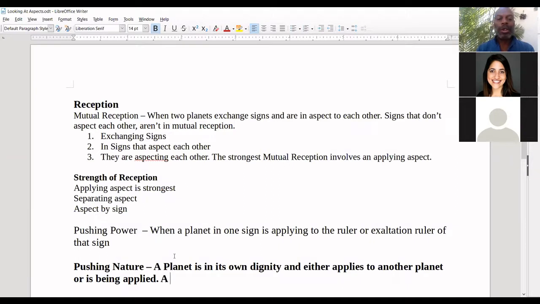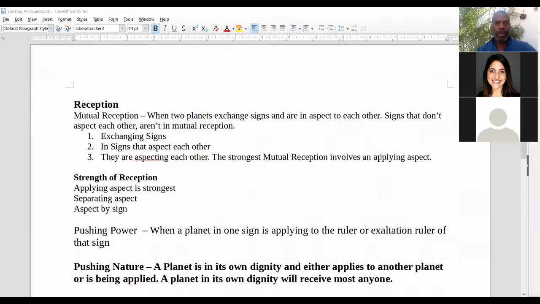Basically, a planet in its own dignity will receive most anyone. That's my personal feeling working with this.